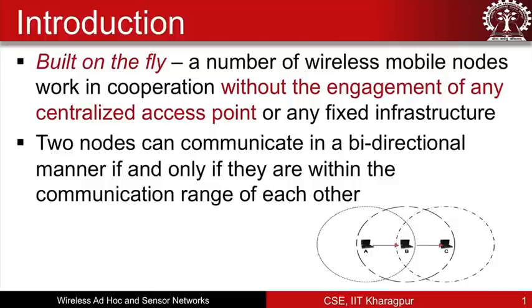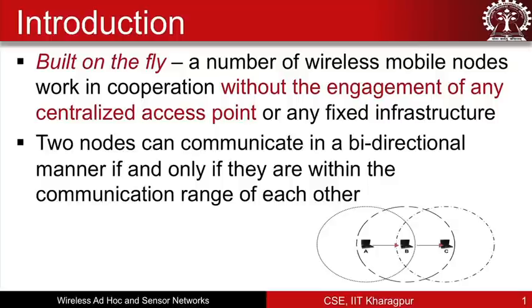For instance, if we look at the figure in front of us, we have three nodes, nodes A, B and C. As we can see from this figure, nodes A and B are in the direct communication range of each other, and similarly B and C are also within the communication range of each other, whereas A and C are not. And how do we know whether they are within the communication range of each other or not?